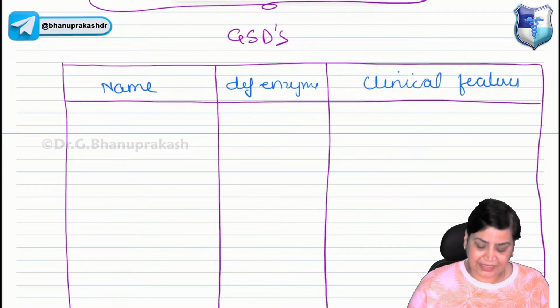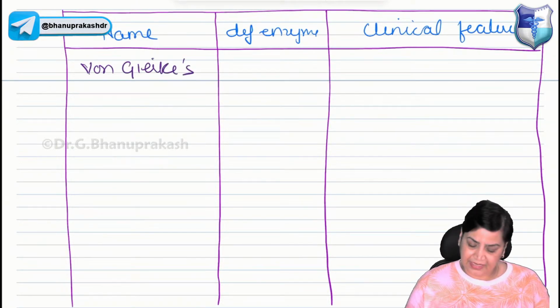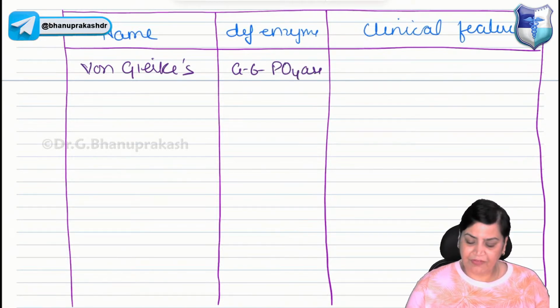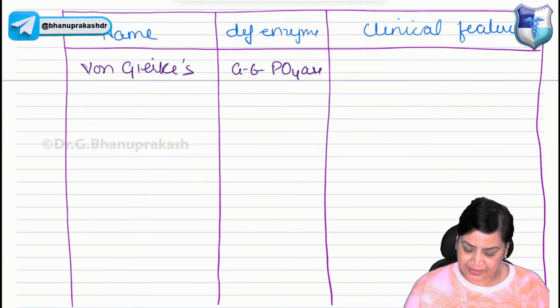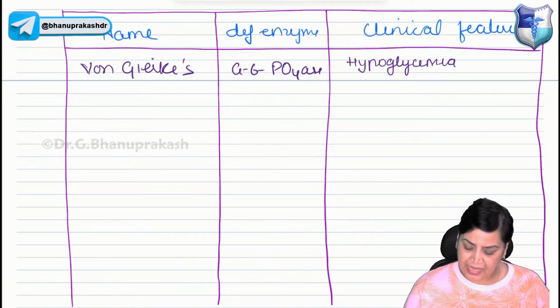Okay, so now let's start with the first one, which is von Gierke's disease. Right? Deficient enzyme, glucose 6 phosphatase. Clear? If we talk about the clinical features, I can simply say hypoglycemia, right?